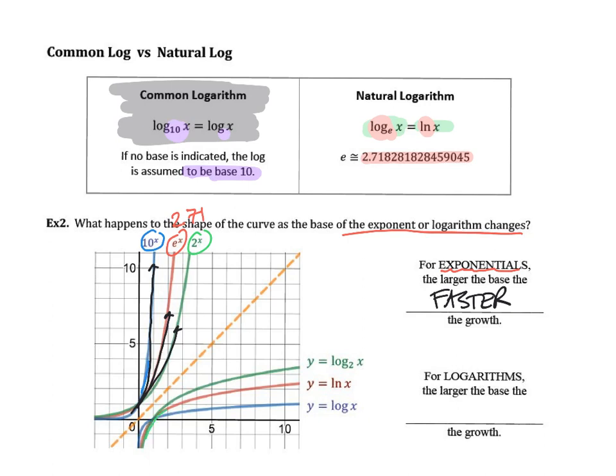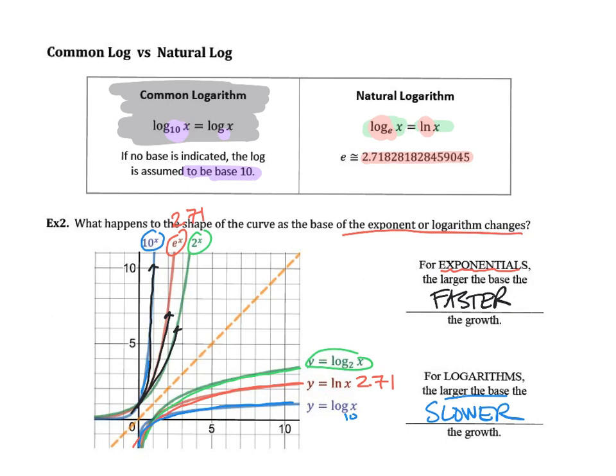Logarithms, though, you can see, is the opposite. This is base 2, then we have base 2.71, then we have base 10. So the larger the base, what's happening? Hopefully you're seeing that it is the slower the growth. It's flattening out more quickly there.